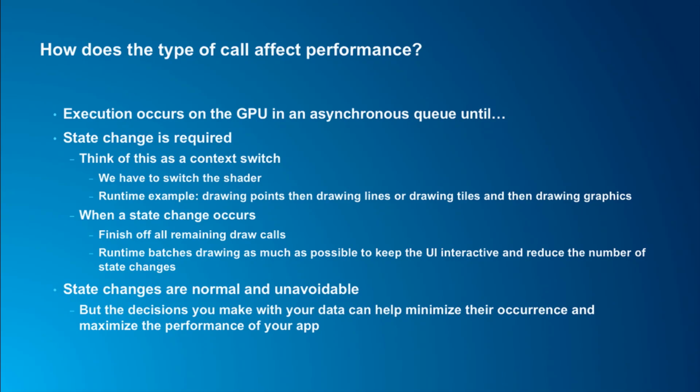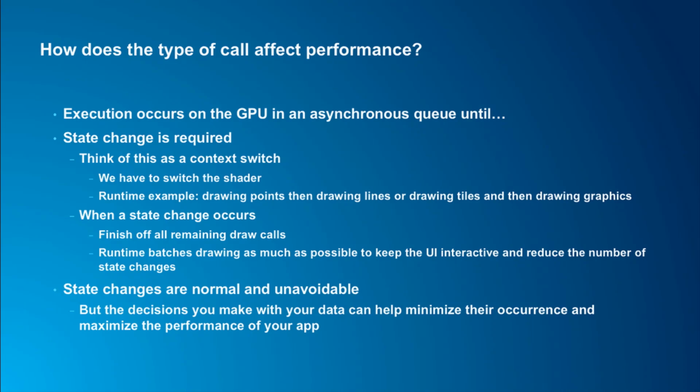So what else? Why are some draw calls so expensive? Well, aside from the fact that some have to do a lot more work than others, another major thing is the GPU. We write shaders to do execution on the GPU. And when you have to switch a shader, that's an expensive task that actually causes the GPU to stop what it's doing, because everything's asynchronous.